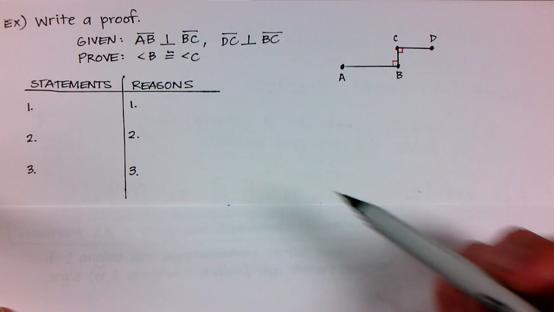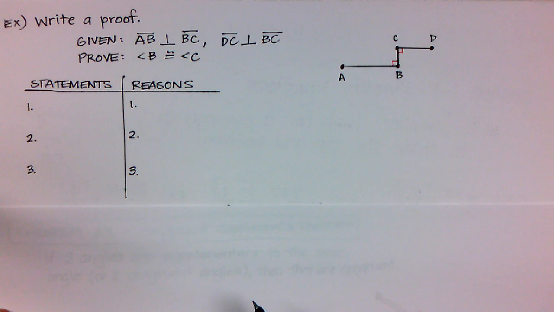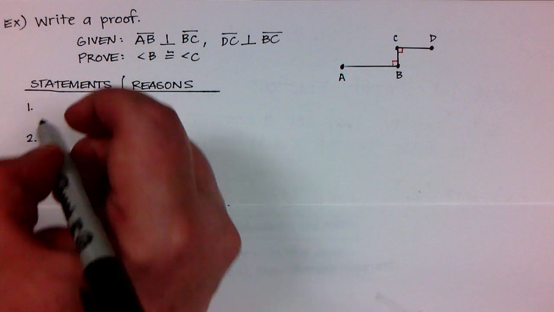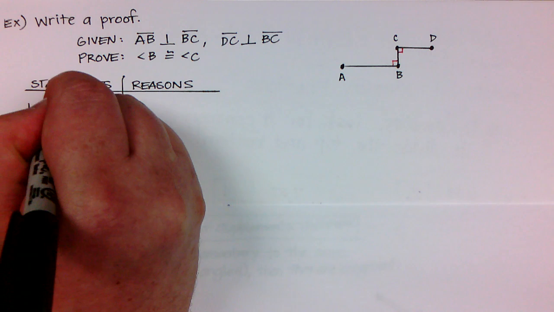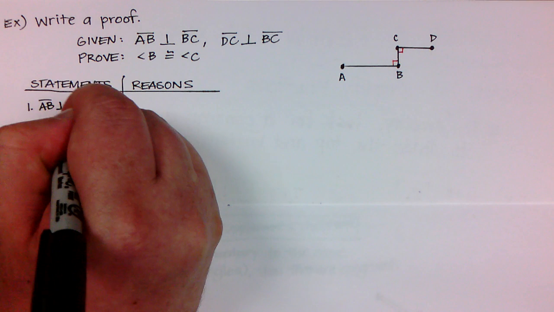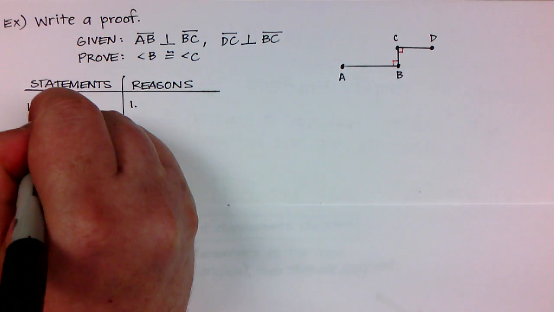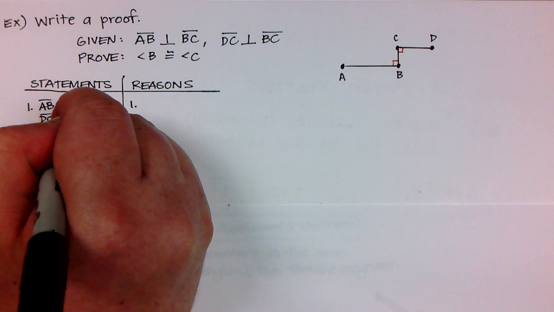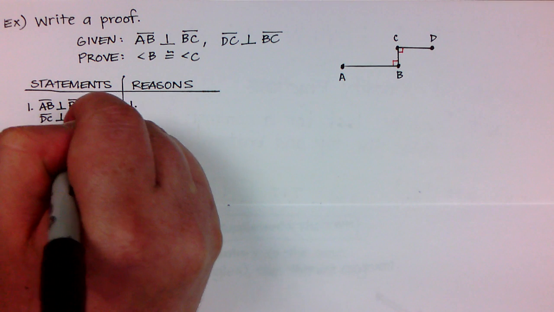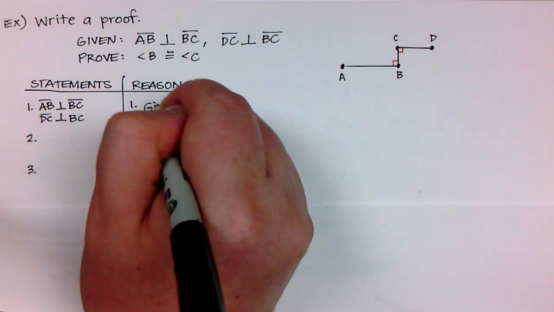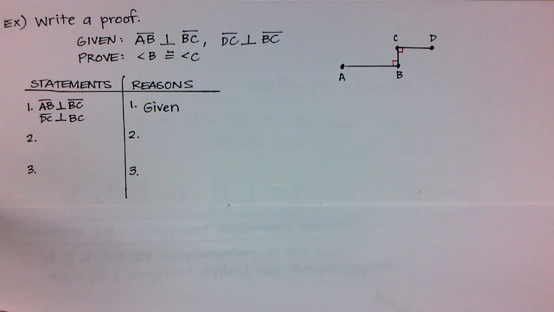So we can do this in 3 easy steps. First, I'm going to write down what I'm given. So I'm going to say AB, that line segment, is perpendicular to BC. And I'm also going to say that DC is perpendicular to BC as well. This is what I was given in the beginning. So starting on our proof should always be pretty simple. You're looking at what you're being given, and then you're working down to how you can reach that conclusion.